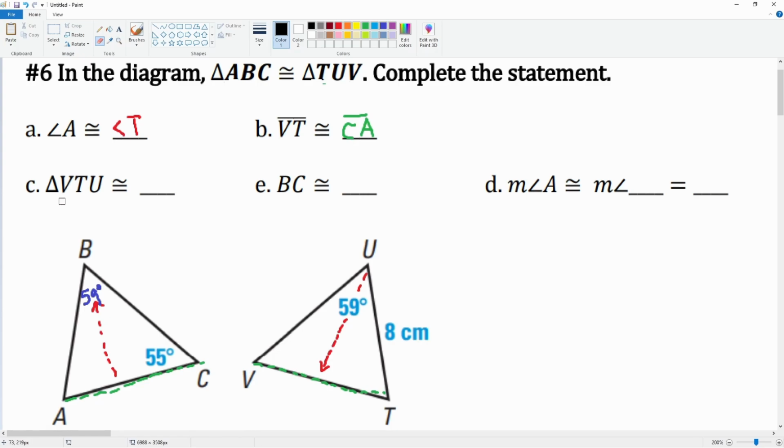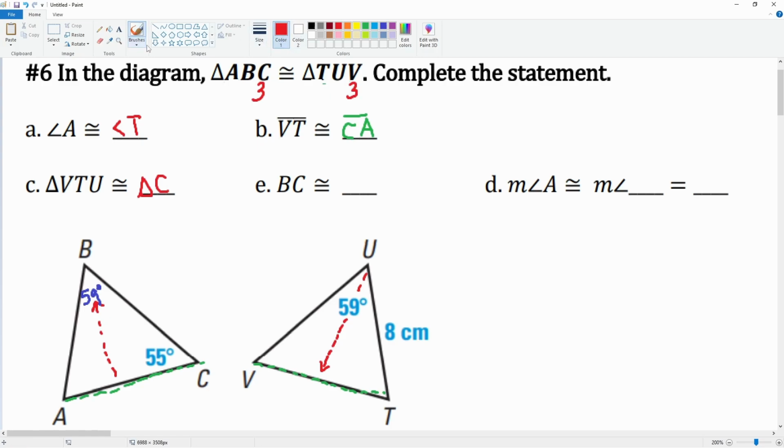Notice that they start with V. V is corresponding to what? This is the first one, and this is also the first one. So triangle A has to come first. Nope, sorry, V. So third. So triangle C comes first.